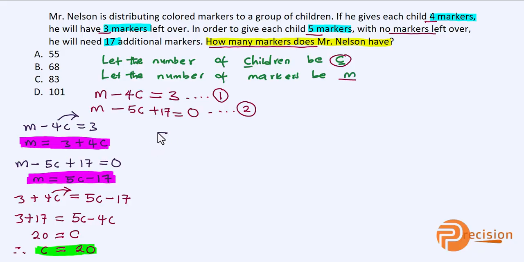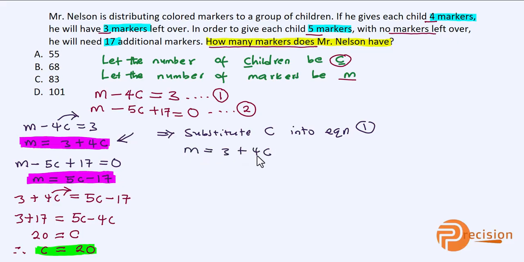So we can say, continue from here, substitute C into equation 1. And I want to use the modified version of equation 1. You can as well use the original version, it doesn't change anything. That is, M is equal to 3 plus 4C. M is equal to 3 plus 4 bracket C, which is now 20.